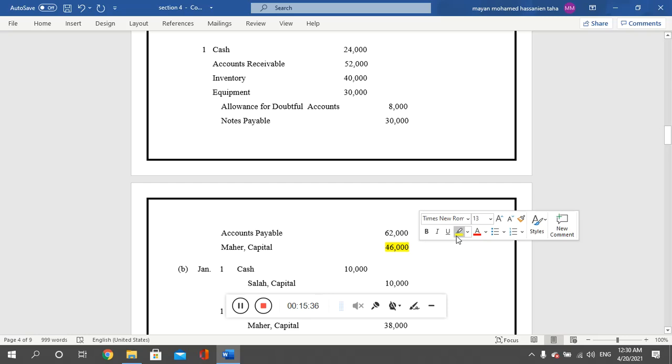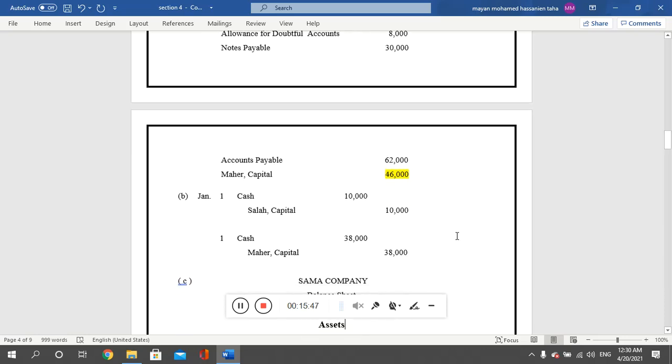So cash will increase by $10,000 in the debit side, to Salah's capital. This is Salah's investment. Maher will invest 38,000 Egyptian pounds in cash, so cash in the debit side to Maher's capital by $38,000.